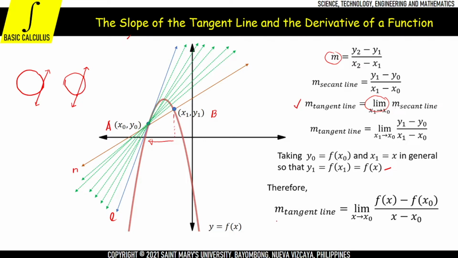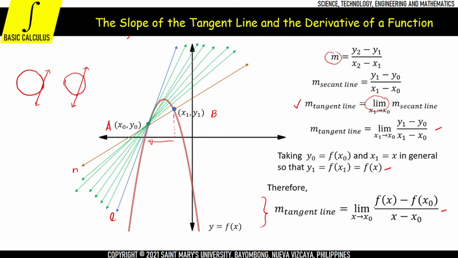Therefore, the slope then of the tangent line will be equal to, yung y sub 1 dito, pinalitan natin ng f of x, minus f of x sub 0 all over x minus x sub 0 as x approaches x sub 0. So that is just from this formula, changing the notation for us to arrive at the formula for the tangent line. So ito yung formula natin for the slope of the tangent line.